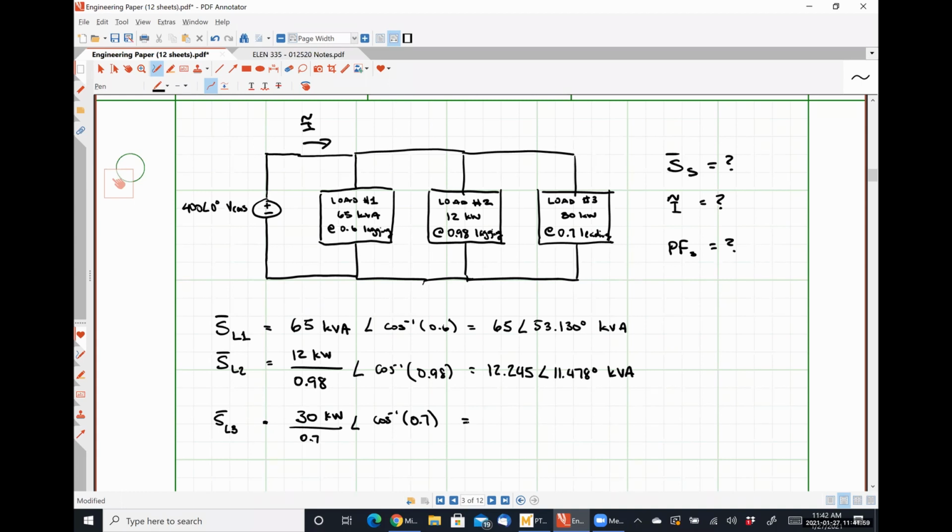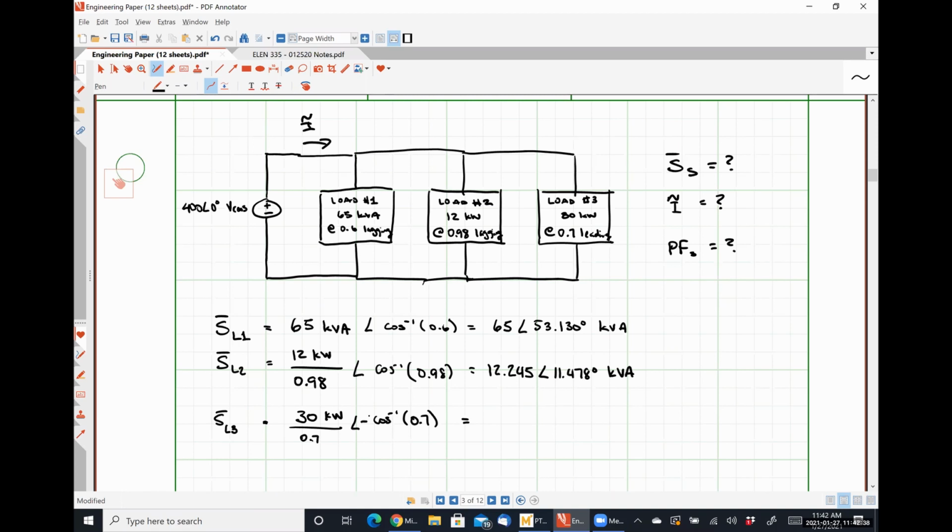Now, one thing that we have to take into consideration here is that our power factor for load 3 is leading. Whenever we have a leading power factor, that means we expect our power factor angle to have a negative value. When we do the inverse cosine function, it will never return a negative angle. So we need to make sure that we multiply the inverse cosine function by a factor of -1 to take into account that our power factor is leading.